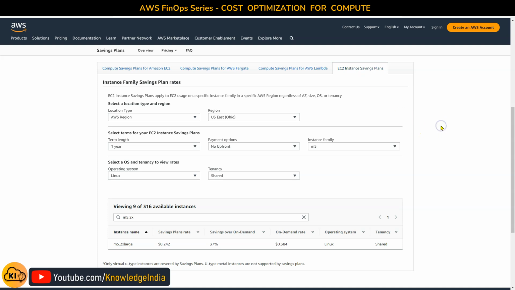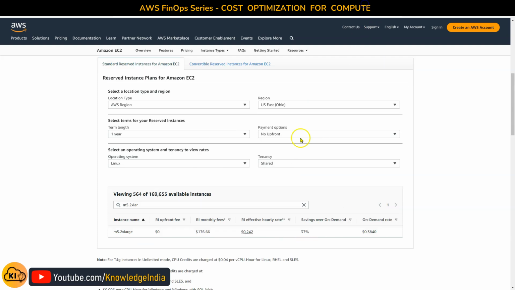So if you are quite sure about the instance type you want to use, and your usage is mostly on the EC2 side, then you can take an EC2 instance savings plan. In that, you will make 37% saving compared to the on-demand rates.